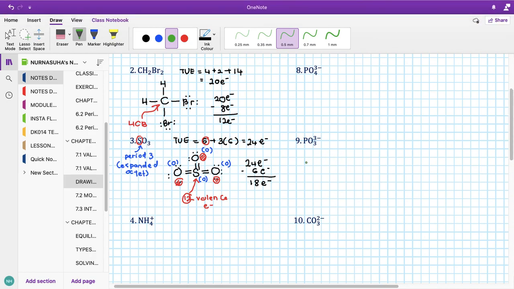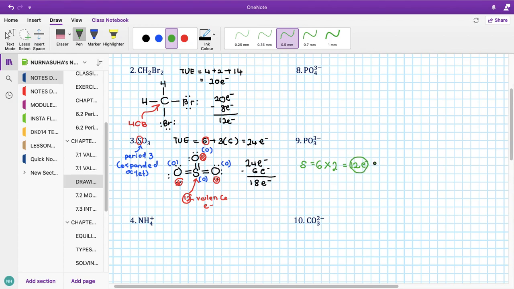Okay, so contoh sulfur kan, sulfur ada 6 valence elektron. So awak cuba darab dengan 2. So kiranya maximum total number of electron untuk sulfur adalah 12.